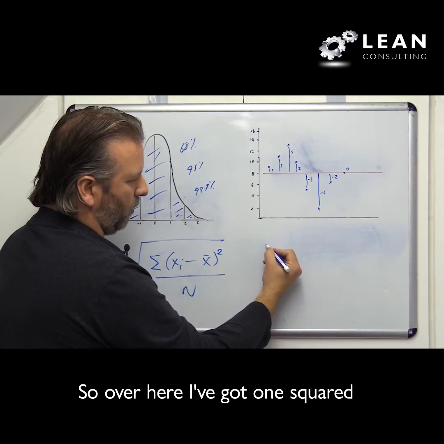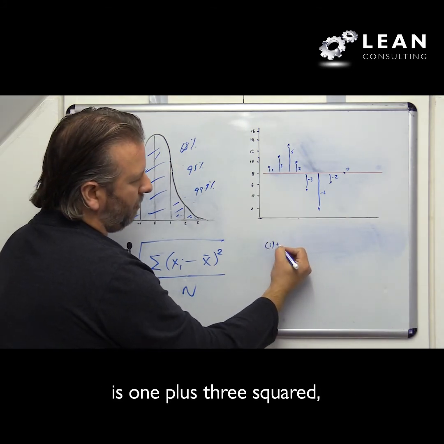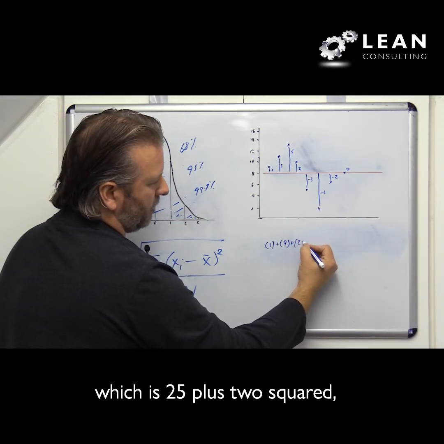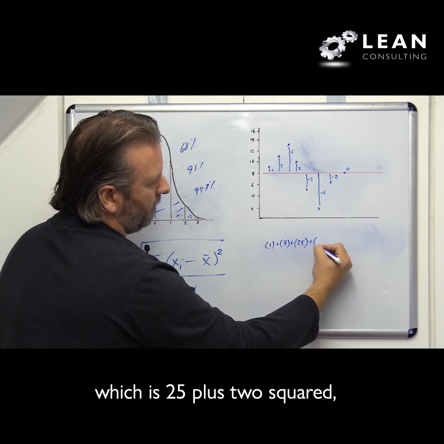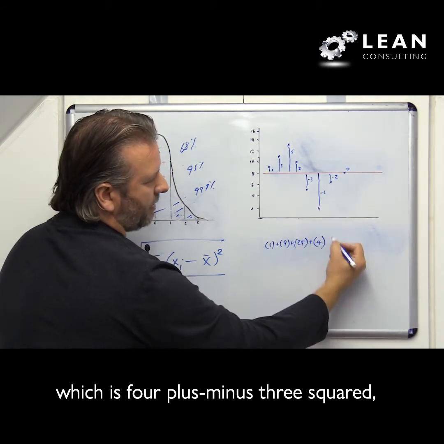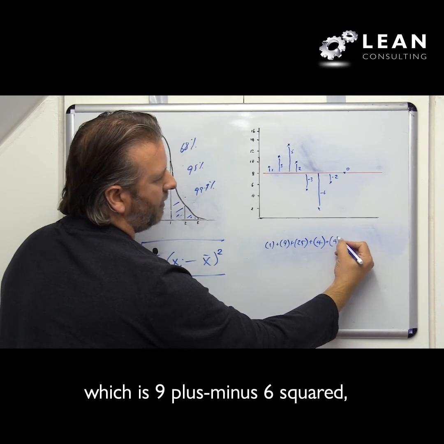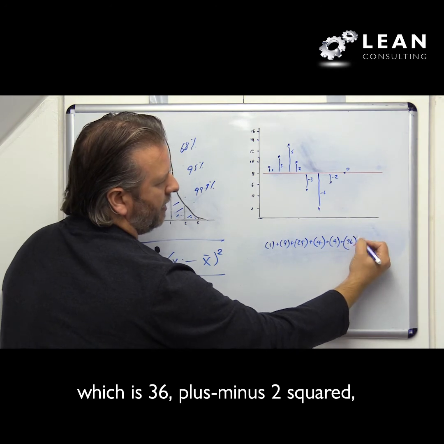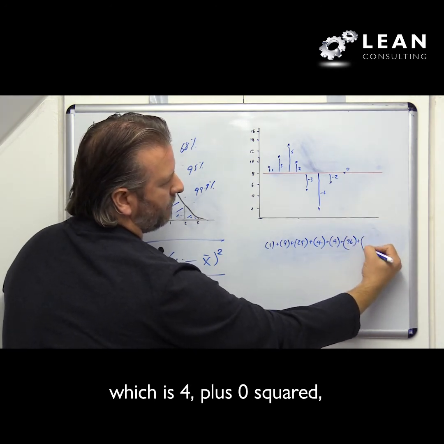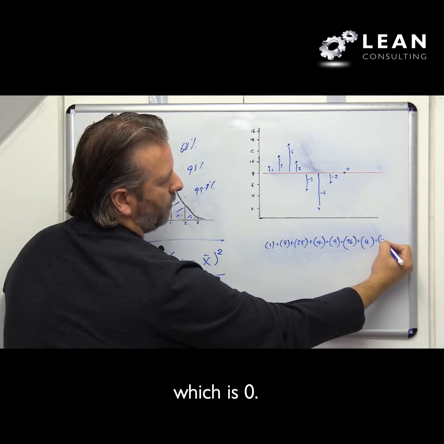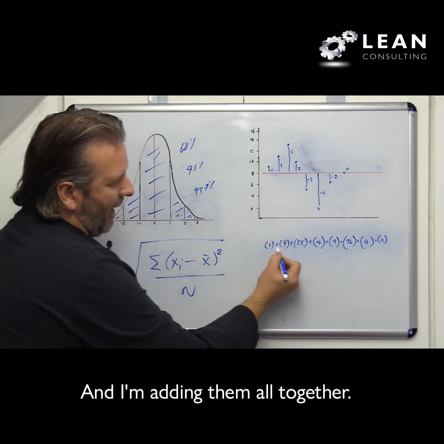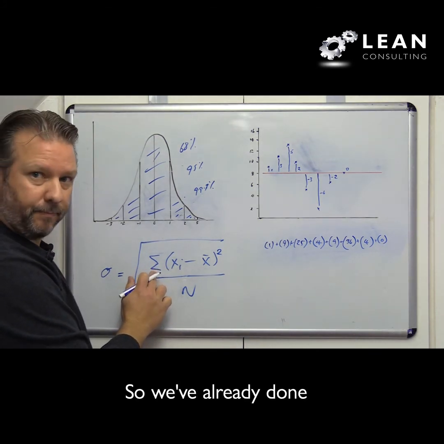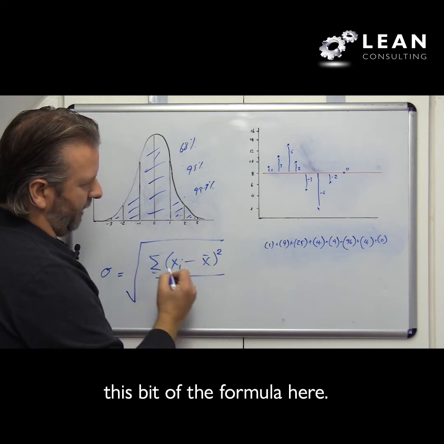So over here I've got 1 squared is 1, plus 3 squared, which is 9, plus 5 squared, which is 25, plus 2 squared, which is 4, plus -3 squared, which is 9, plus -6 squared, which is 36, plus -2 squared, which is 4, plus 0 squared, which is 0, and I'm adding them all together. That's what this symbol here means. Just means sum. So we've already done this bit of the formula here.